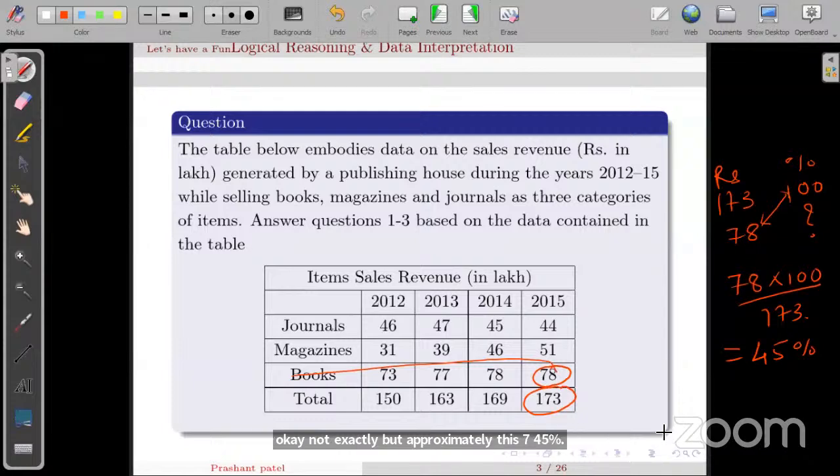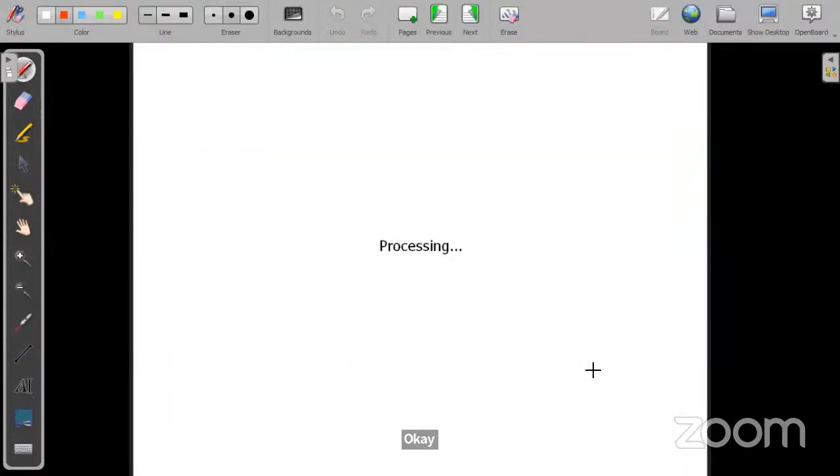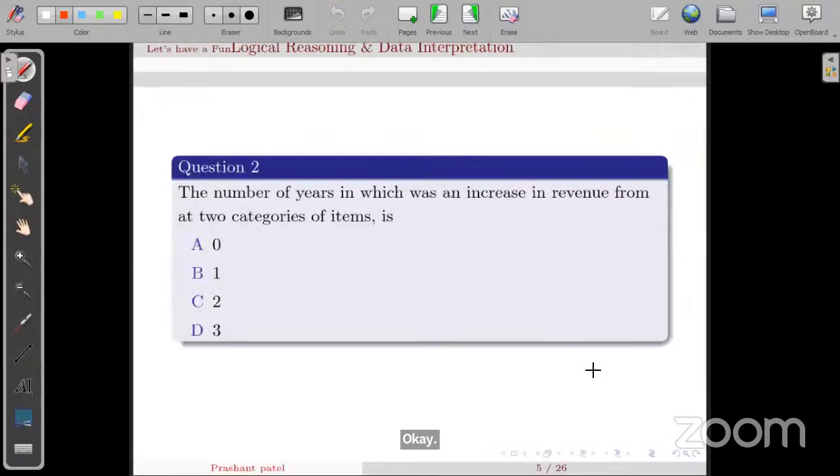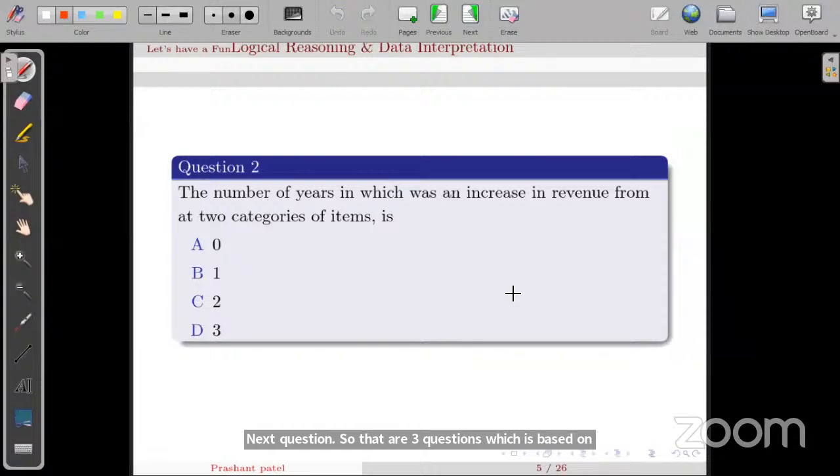Okay. Next question. So there are 3 questions which are based on this. The number of years in which there was an increase in revenue at 2 categories of items. So number of years in which there was an increase in revenue at 2 categories of items.